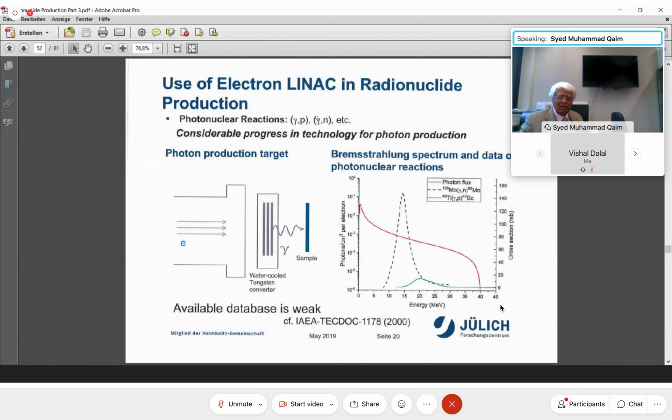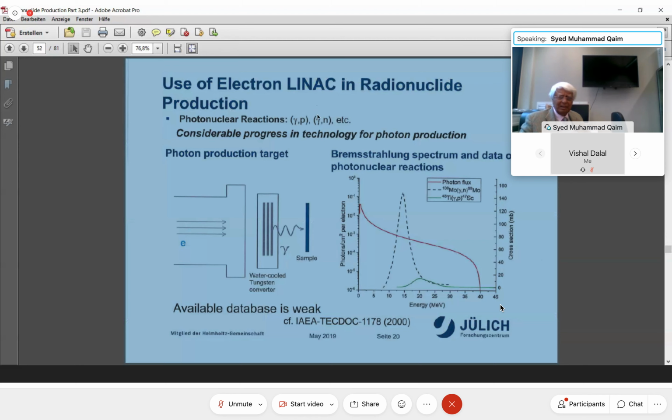Or photons fall, and then the neutron goes out. So gamma,p or gamma,n reaction. And the technology of photon production is increasing. So we have here the system, but the database is weak. The IAEA database for photon-induced reactions does not give so many accurate data.